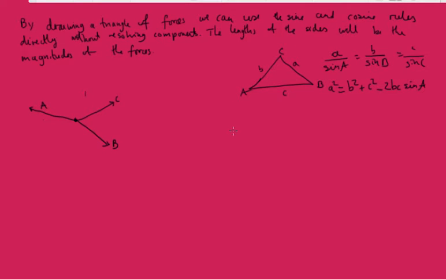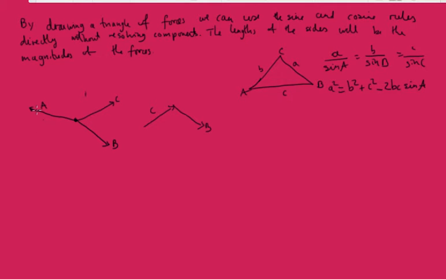Now what we can do is we can redraw these in as a triangle. So let's redraw our vector for C. Okay, now if we take vector B and we just move it along, parallel, we will bring it to here.